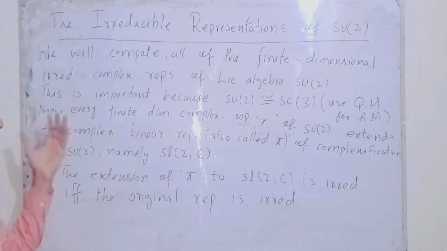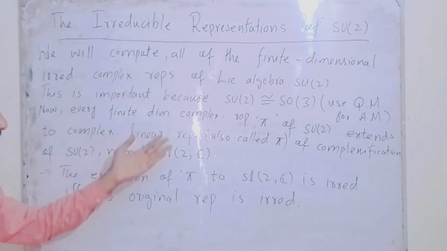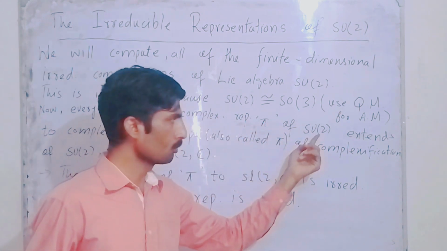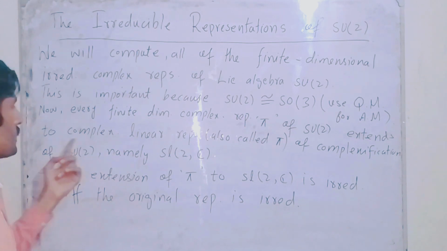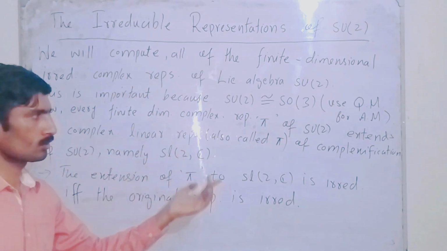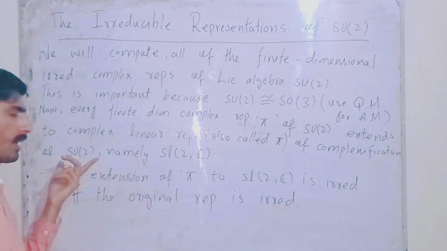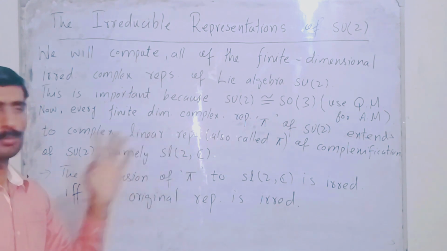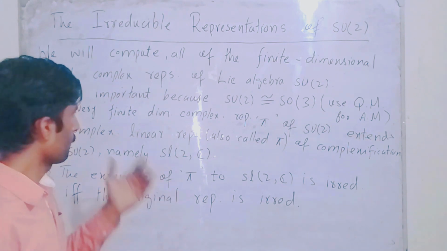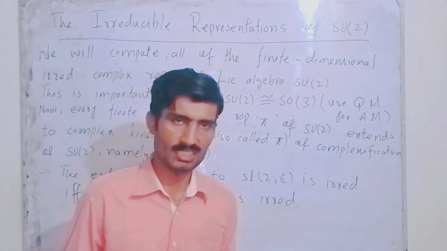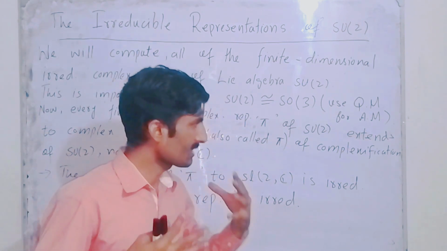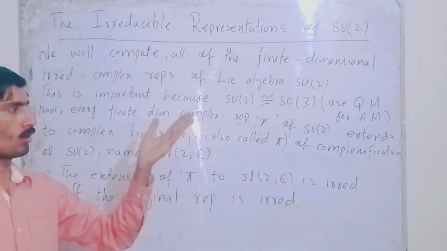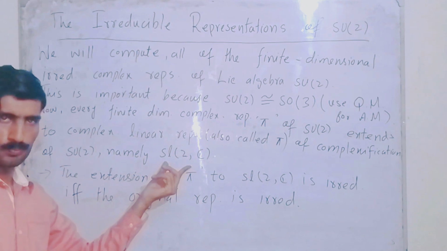So now every finite dimensional complex representation small pi of su2 extends to a complex linear representation of the complexification of su2, namely sl2 over c. It means that every finite dimensional complex representation may be extended to the complex linear representation of sl2 over c, right?